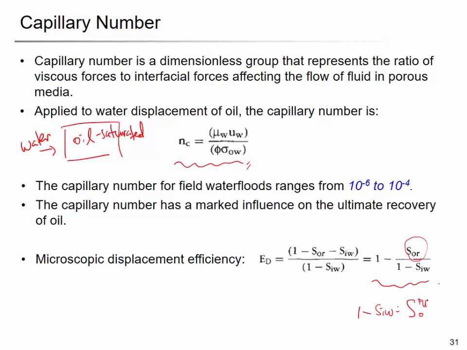So 1 is the fully recovered case, so you don't have any oil left in the rock core. And 0 is when there is no more production of the oil. ED will range from 0 to 1.